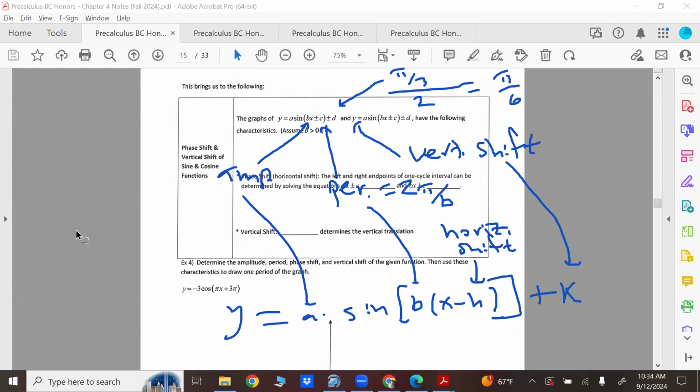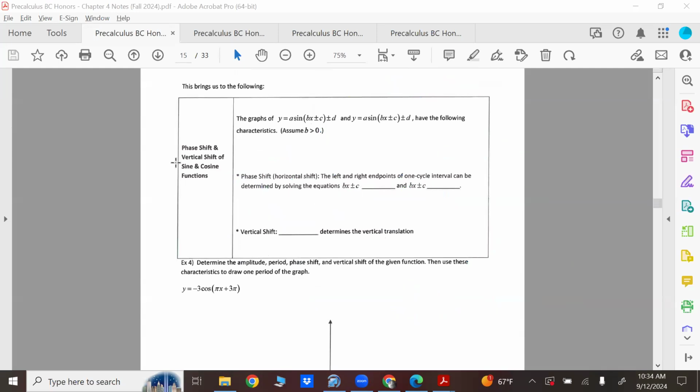So it brings us to the following, this stuff here. Vertical shift again, they're using the letter D. I like using K, but D represents the vertical shift. And when you're solving this for the horizontal and vertical shifts, that's the start, that's the end.